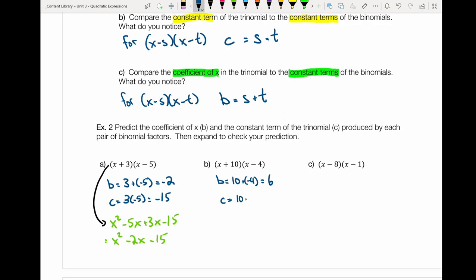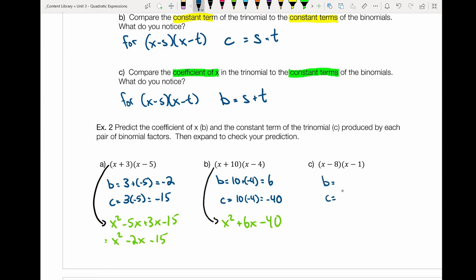And c says I have to multiply them together, so it should be negative 40. And when I expand, or use the FOIL method, I do get x squared plus 6x minus 40. So again, I simplified it and did it in one step, but if you go through and do the full steps, you should see this is what we come to, and our prediction is correct.